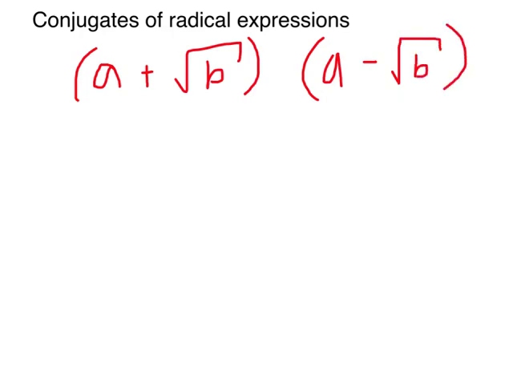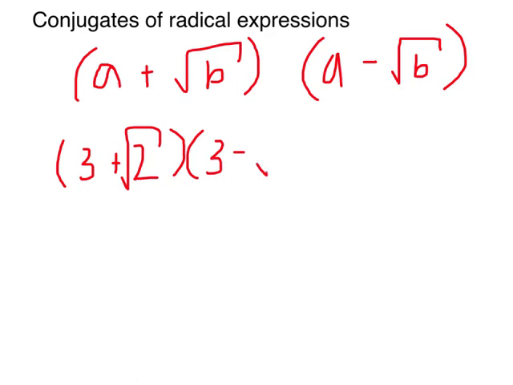So a minus the square root of b. Whenever you multiply conjugates, the square roots will disappear. So you would have 9 minus, sorry, not plus, minus 2, which ends up being 7.